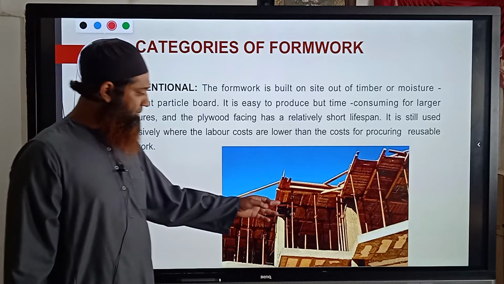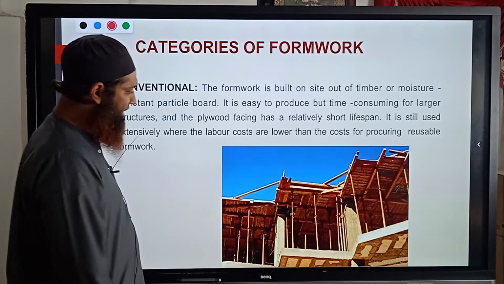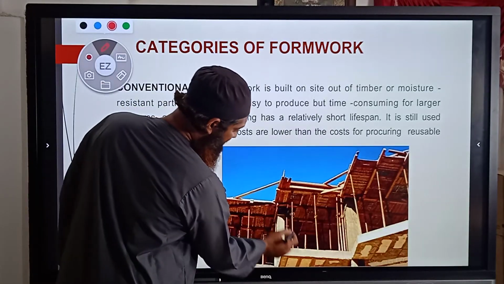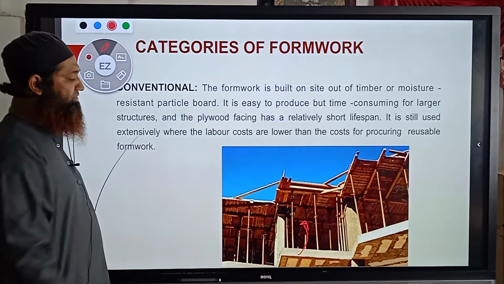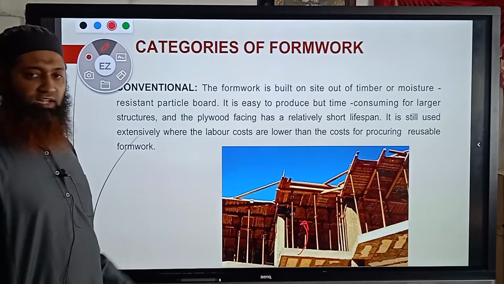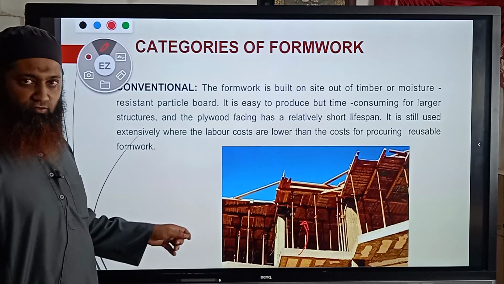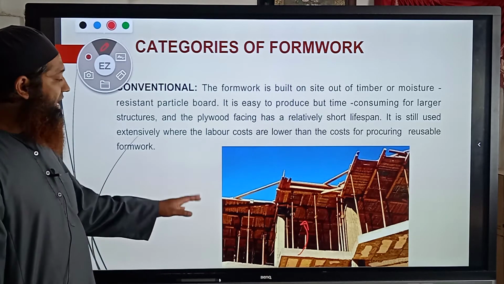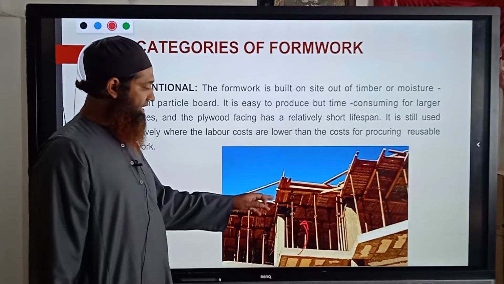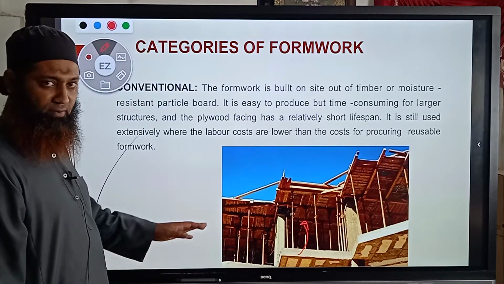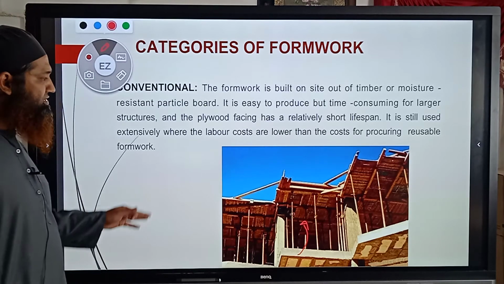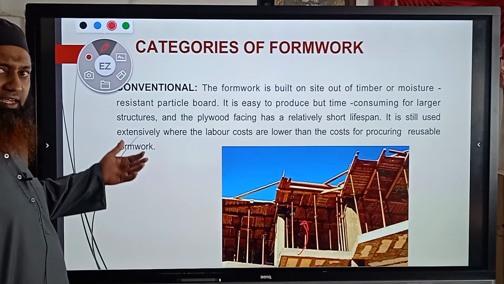You must have seen this type of formwork, timber formwork, where we attach one piece after the other as per our requirement. The benefit of this type of formwork is that whatever size of structure comes, this formwork is very beneficial here. We can cut it into whatever size we want and we can place it here. So this is the conventional formwork which has been used for many years.